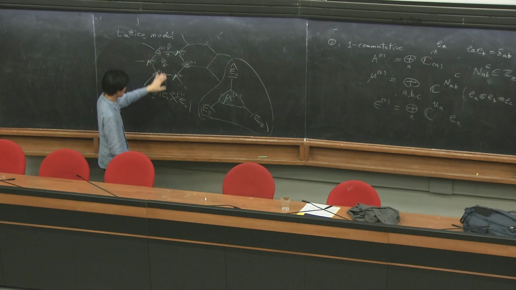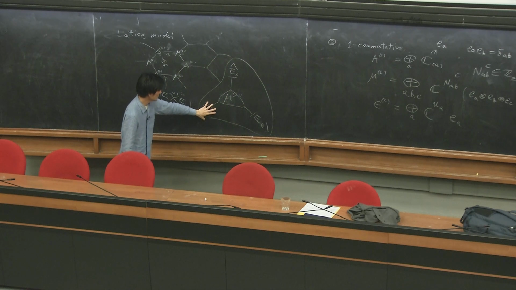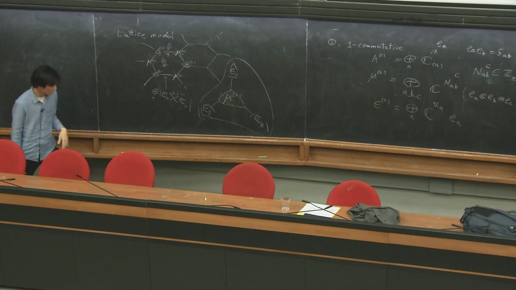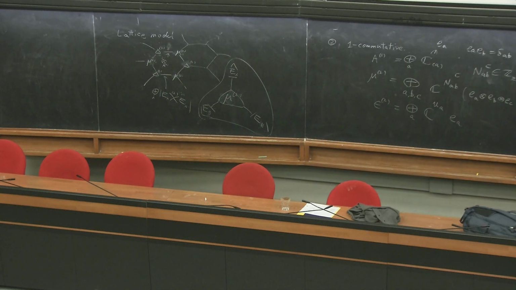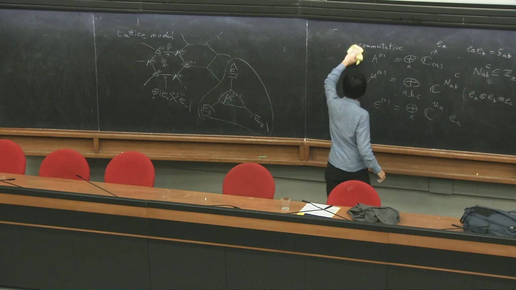And then you take a direct product when these indices match along the line. So in a way you can locally construct the entire vector space.